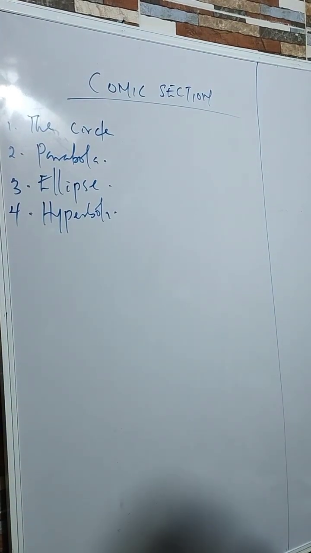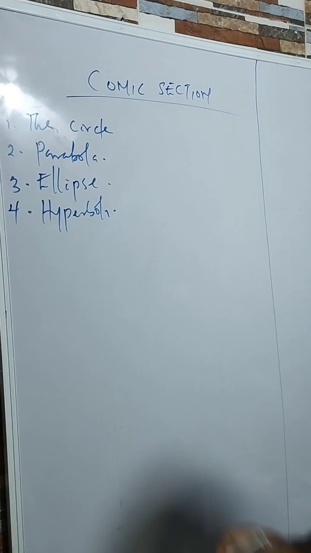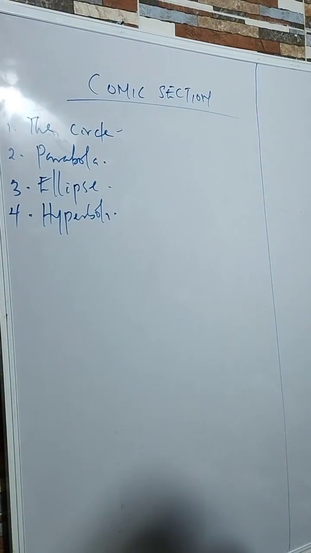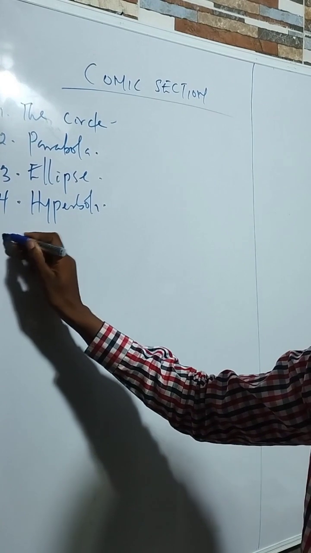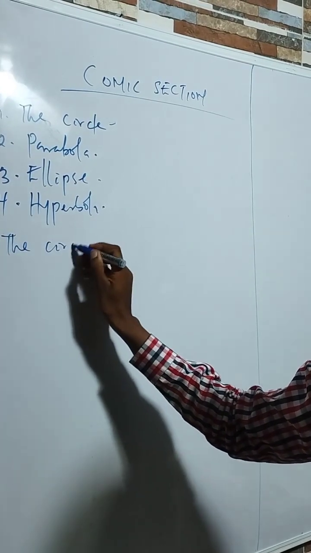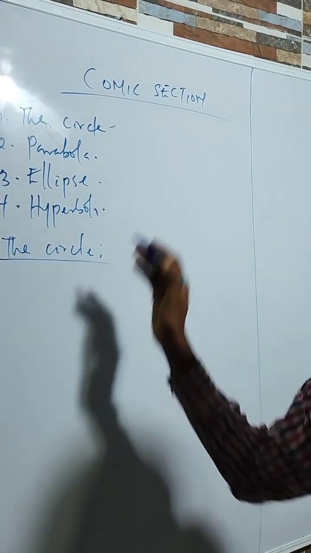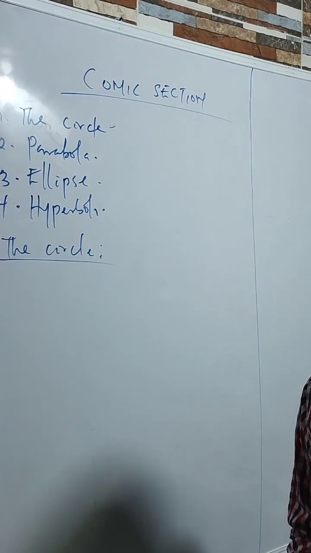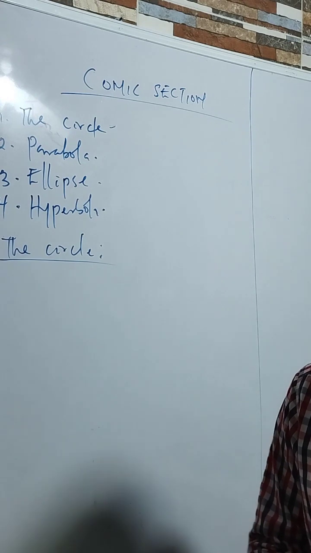Now, discussing the circle, I have already made a video on the circle where I discuss the equation. Let's just look at the circle quickly, a very short revision, where I discuss the equation of the circle and the tangent and the normal to that same circle.